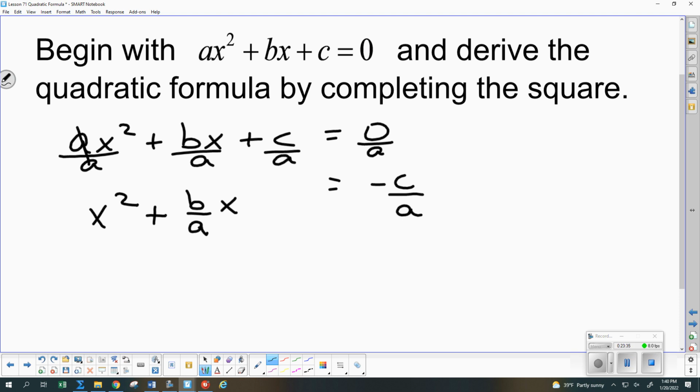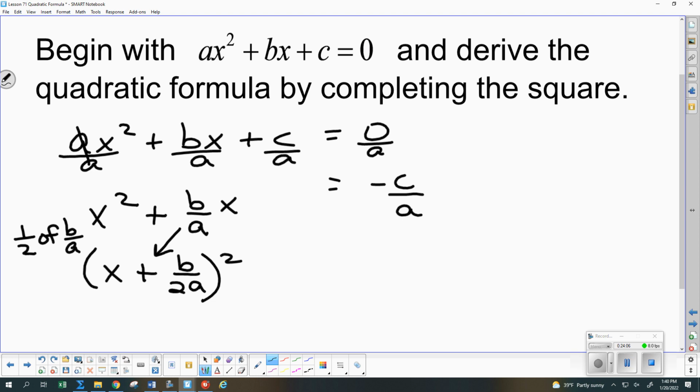Completing the square, we know we need a short parentheses that starts with 1x, and we have to square that. To get the number that goes down here, we have to take 1/2 of that number that's in front of the x. So that means 1/2 of b over a. So that means multiply 1/2 times b over a, and we have plus b over 2a.